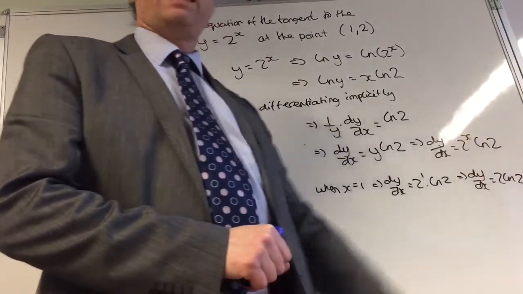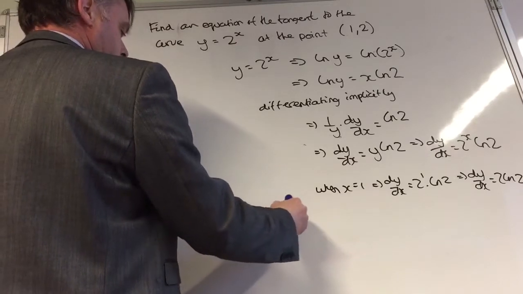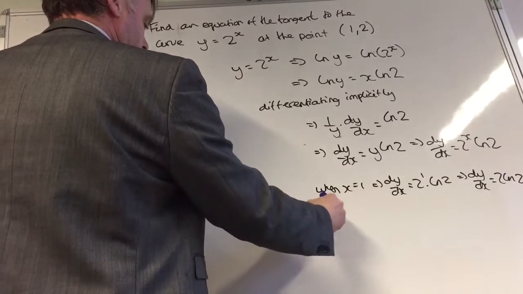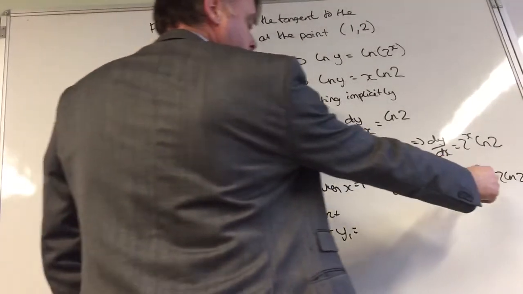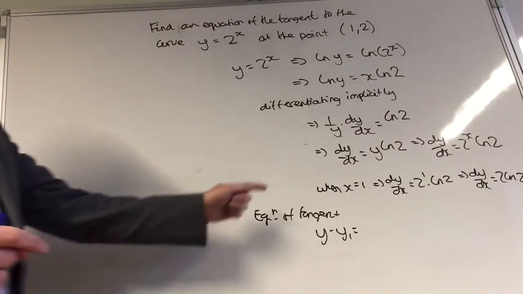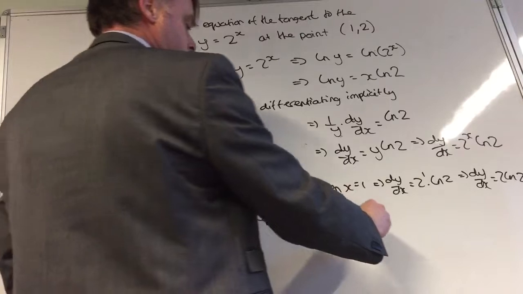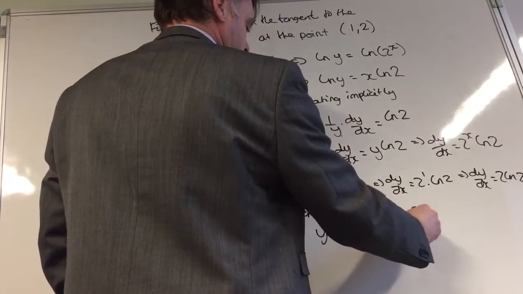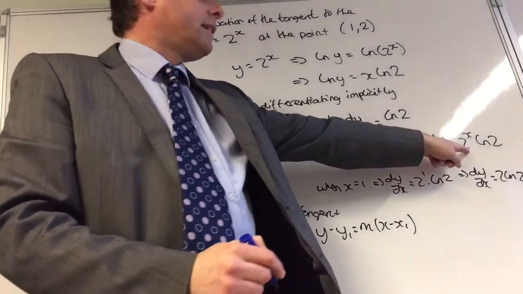Then use it, okay. And once you've got that, the equation of the tangent. So the gradient is just y ln 2. The gradient is 2 ln 2. Why is it 2 ln 2? For the general curve, the differential is y ln 2 or that.